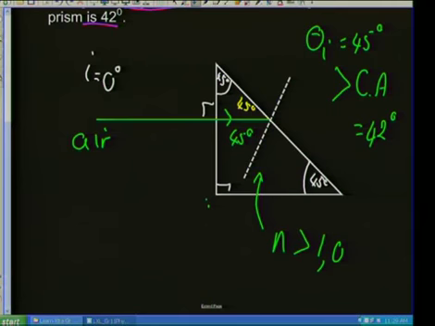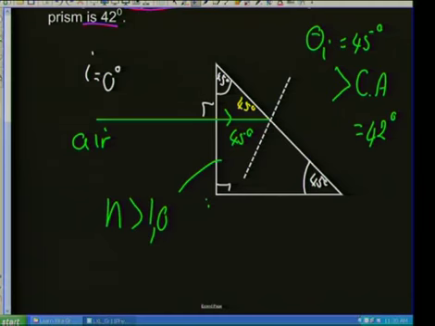So I'm just going to move this because I know that I'm going to need that particular area to complete the diagram. I'm going to move it and put it into a different space. I'm going to say the refractive index of this prism is going to be greater than 1,0. So it's moving from, in this case, less dense to more dense.